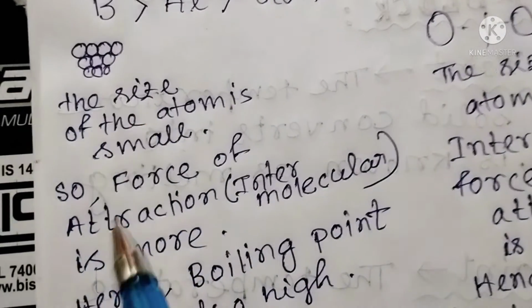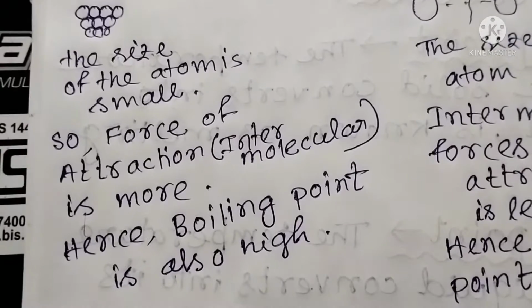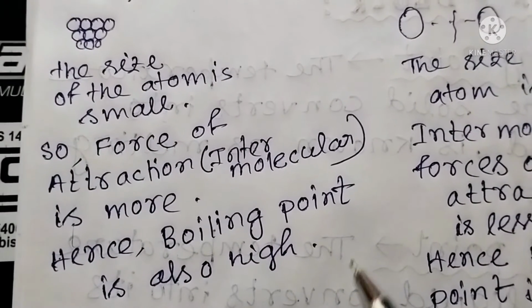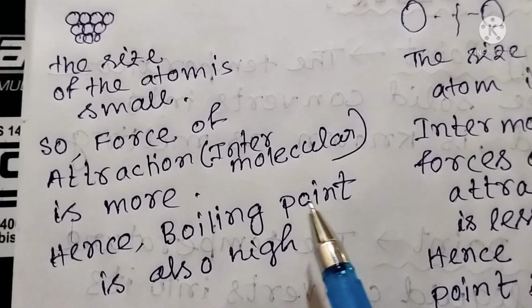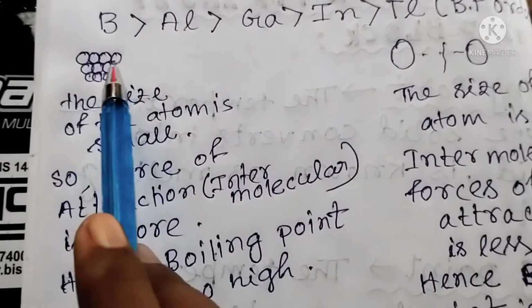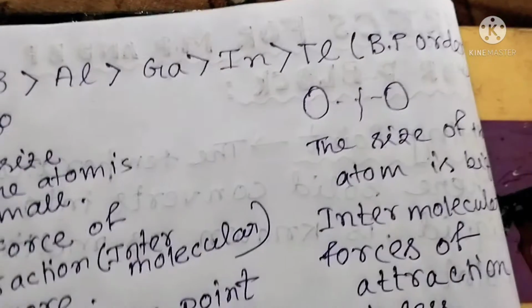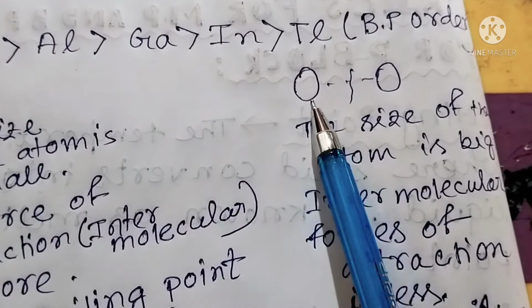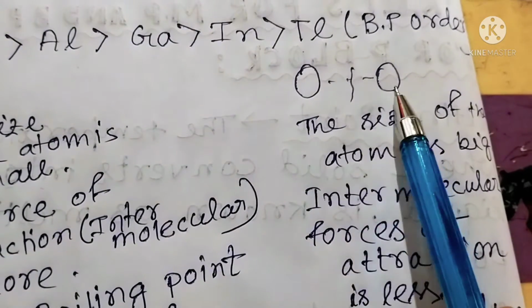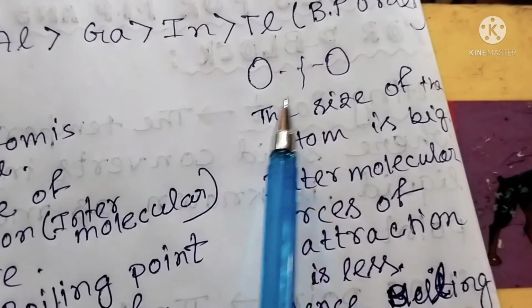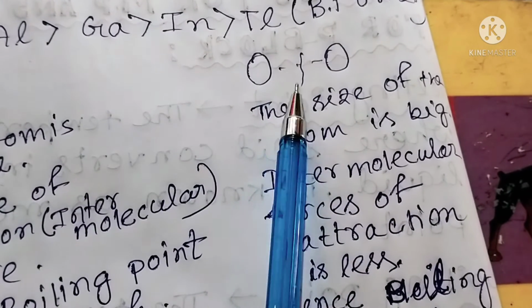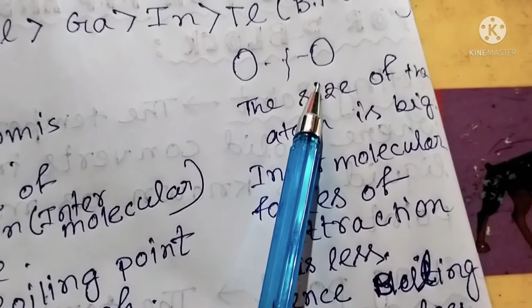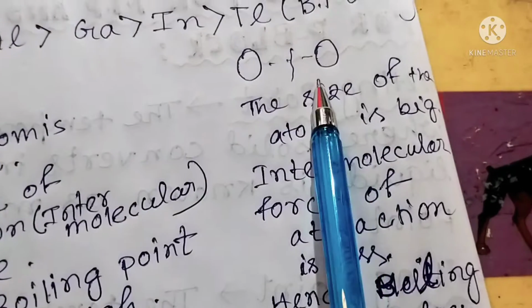Intermolecular forces of attraction are more, hence boiling point is also high. For this reason, the boiling point is high in boron. And for thallium, what happens? The size of the atom is big, intermolecular forces of attraction are less here, and hence boiling point is less.